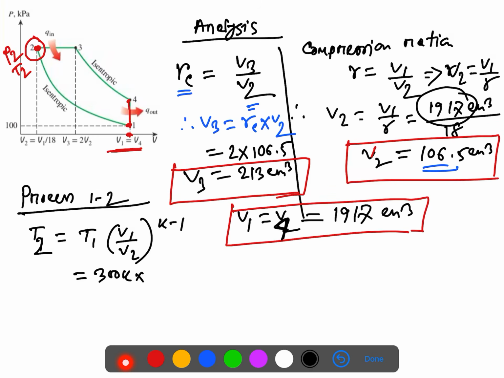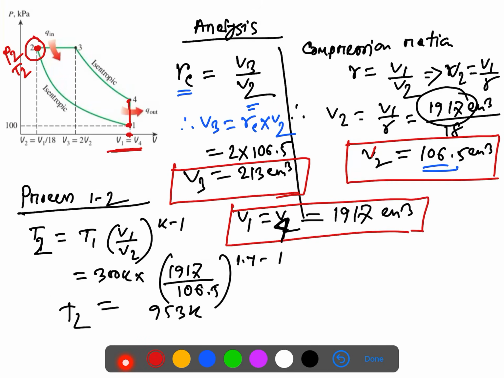V1 we know is 1917, and V2 is 106.5, with K equal to 1.4 minus 1. So the temperature T2 will be 953 Kelvin. This is one answer.